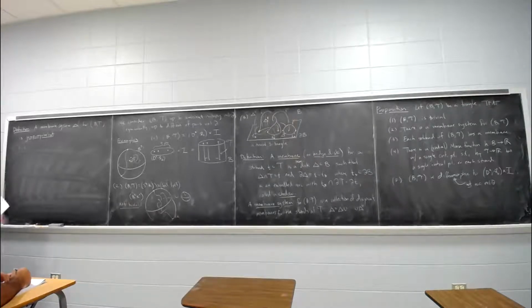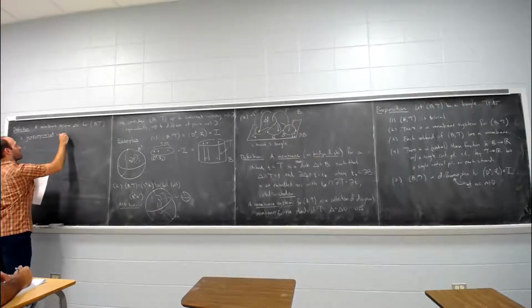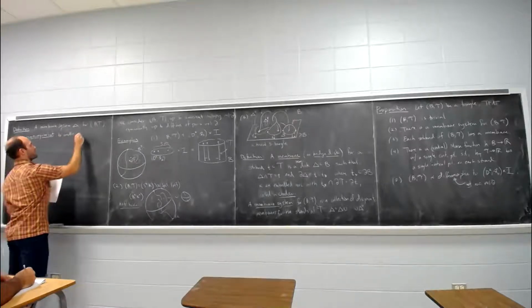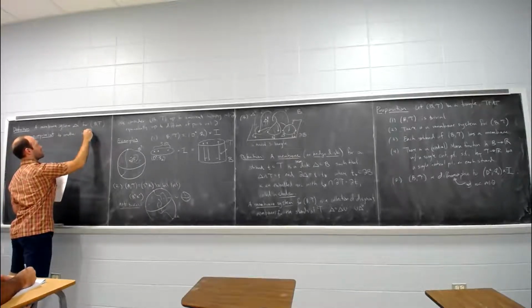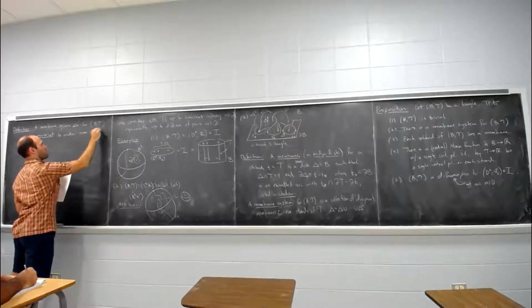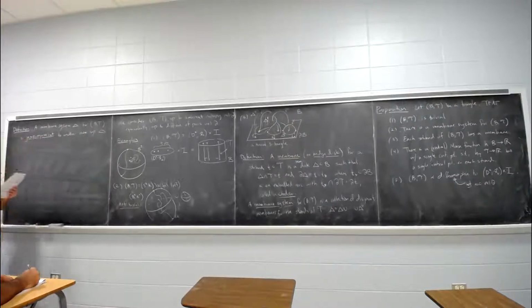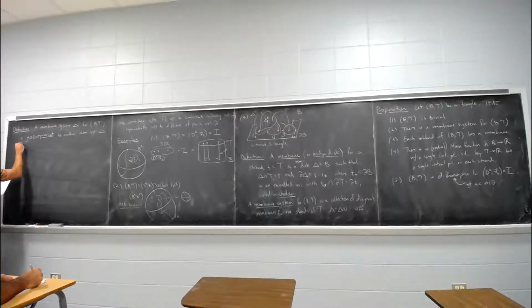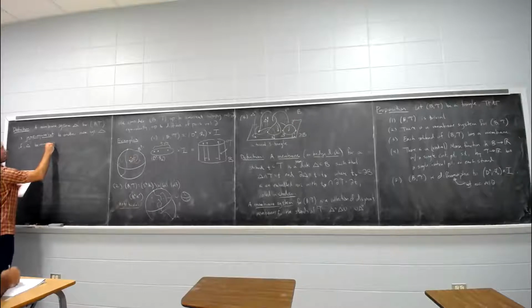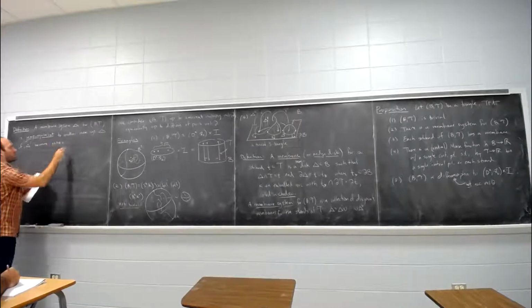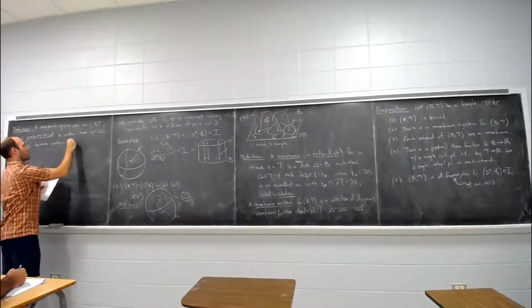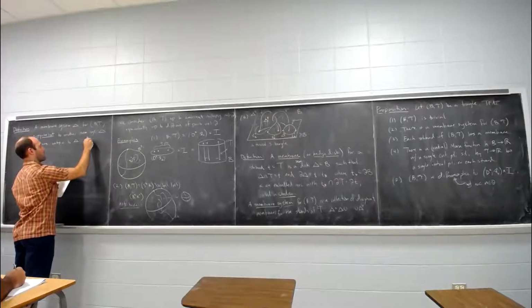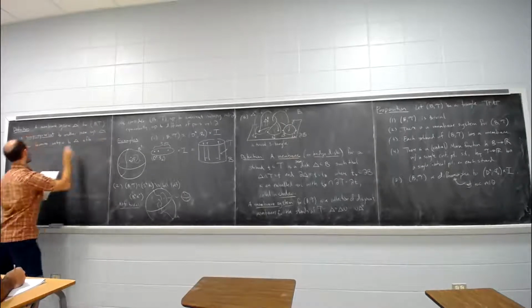A membrane system delta prime is jump equivalent to another membrane system, say delta, if delta prime becomes isotopic to delta after some number of jumps.